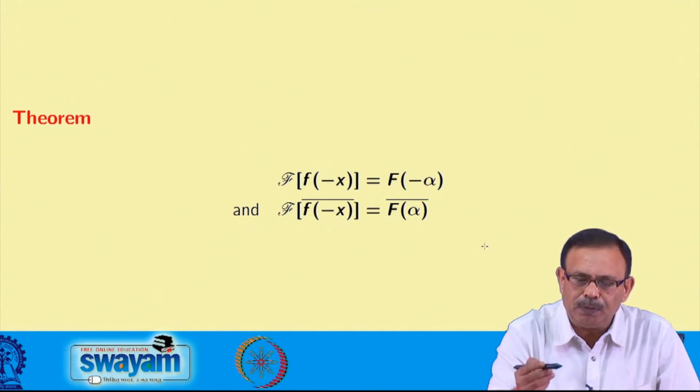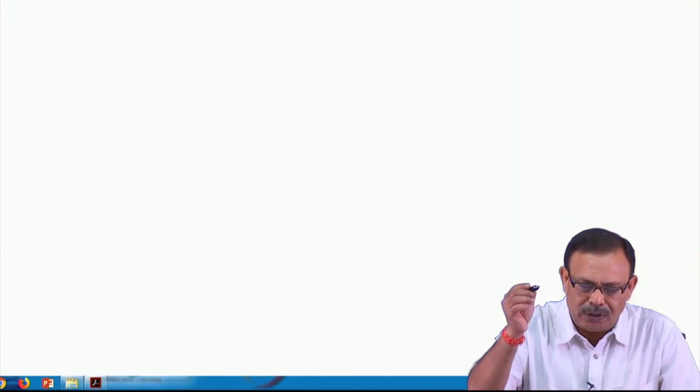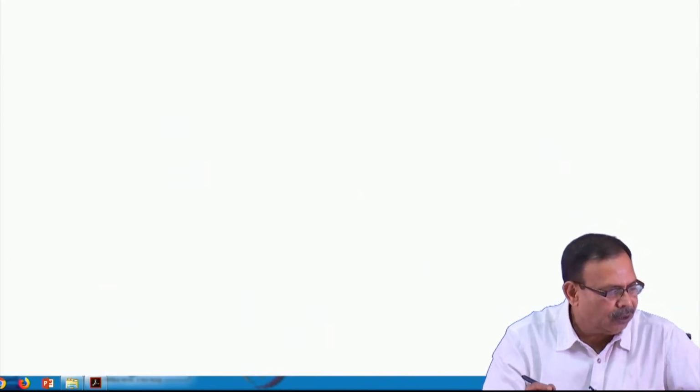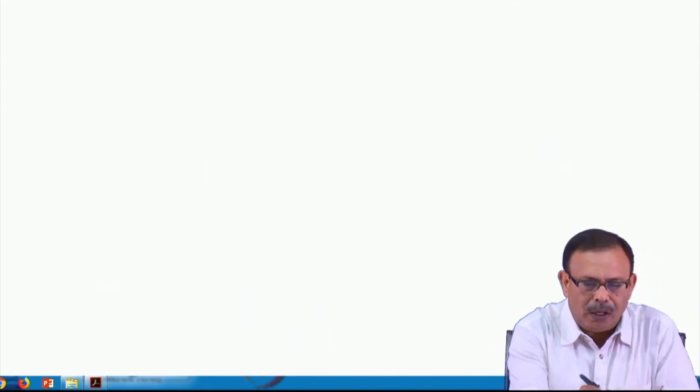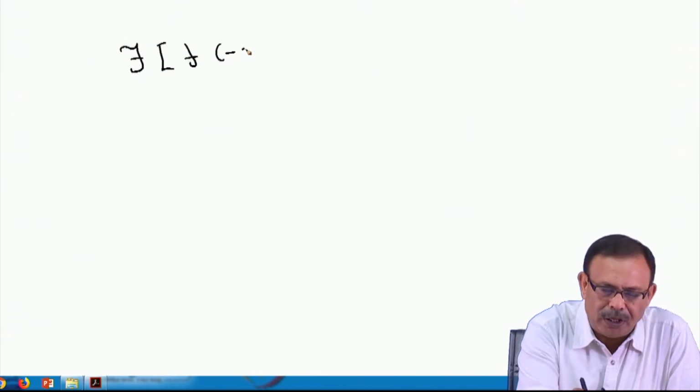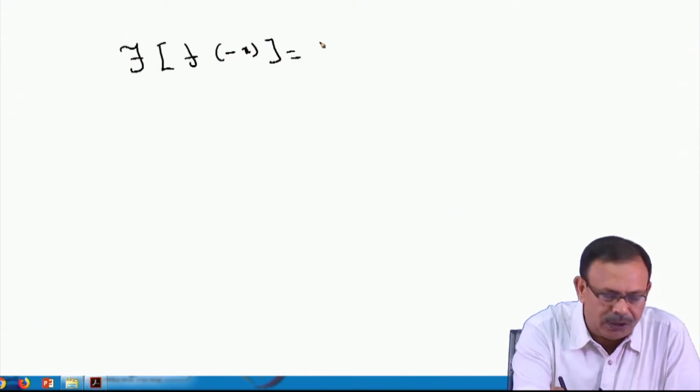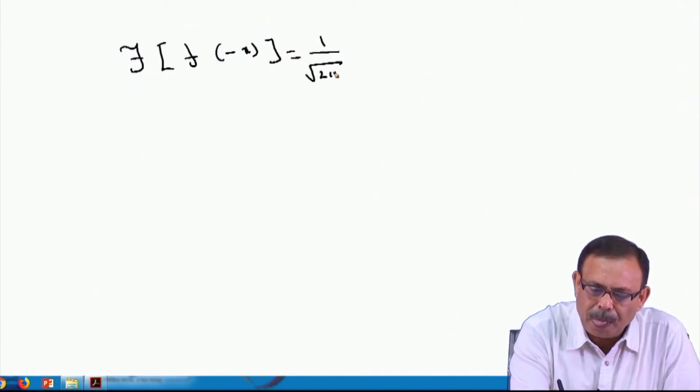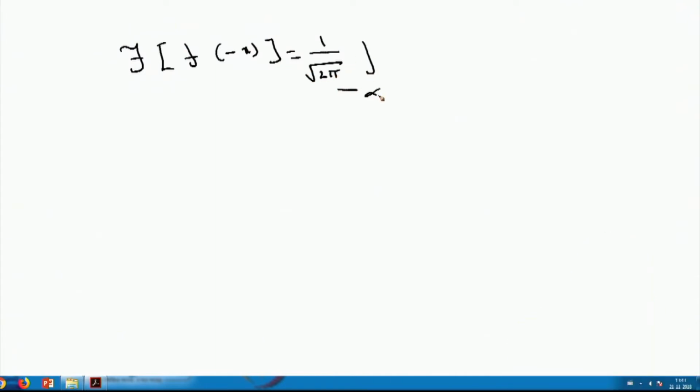Let us see the proof of the first one, then we will go to the second one. The Fourier transform of f of minus x is equal to 1 by root 2 pi, integral from minus infinity to infinity of f of minus x into e power i alpha x dx.